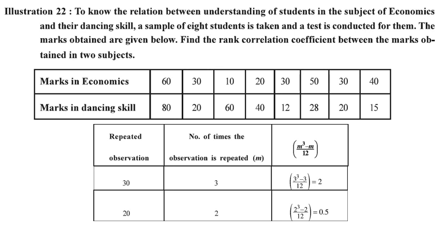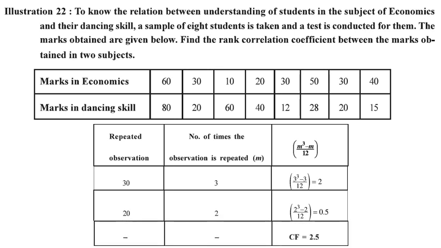So only these two corrections are there because only these two observations have been repeated. So we will make a total. The total correction factor will be 2.5. So in the final formula, whenever we calculate the correlation coefficient, in the summation d square we will add 2.5.